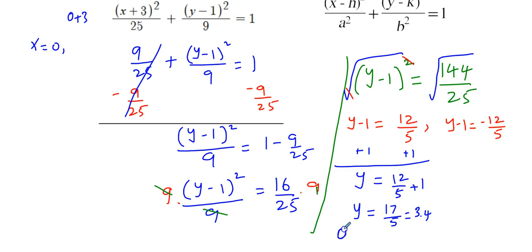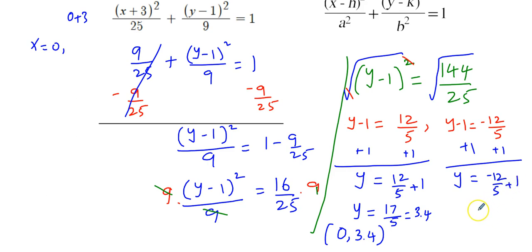When x is equal to 0, the value of y is 3.4. Similarly, if you add 1 here, y is equal to negative 12 over 5 plus 1.